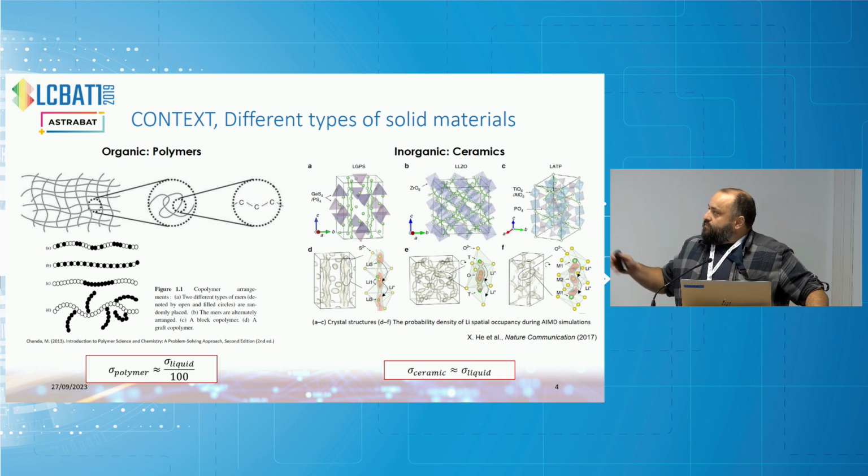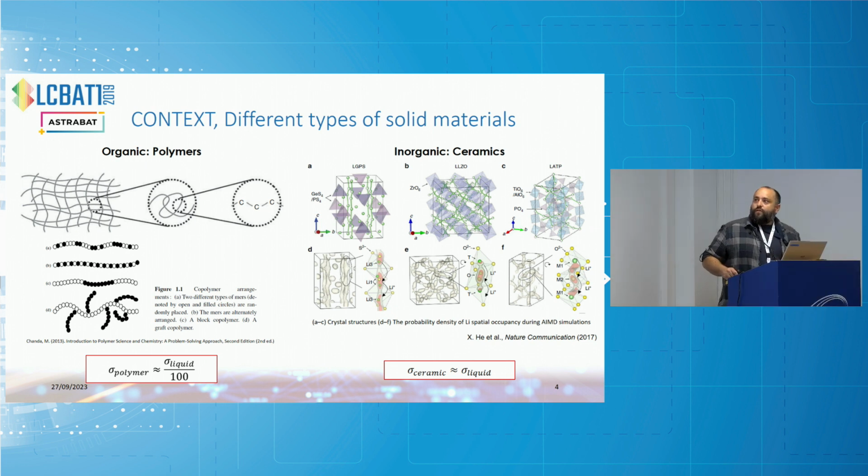So we have globally 2 families of electrolytes: polymers and inorganic ceramics. Polymer has very low conductivity, and ceramic is close to the conductivity of liquid, but I guess it's a little less.